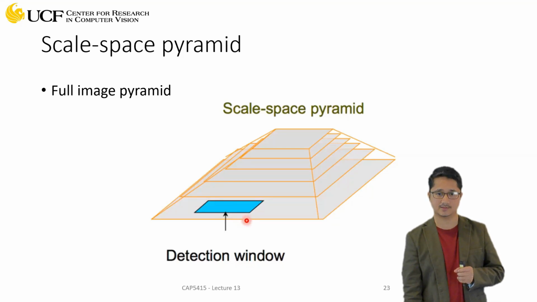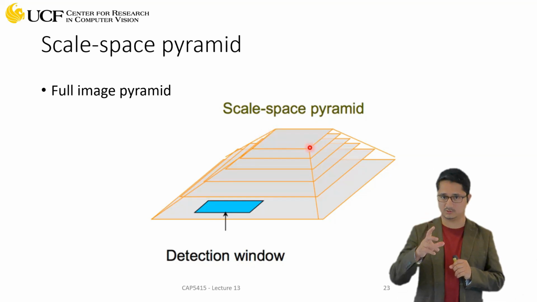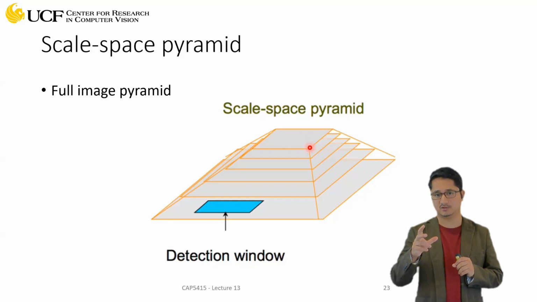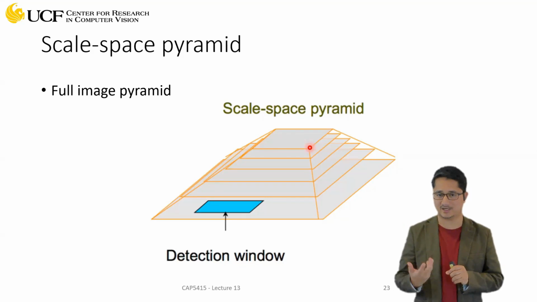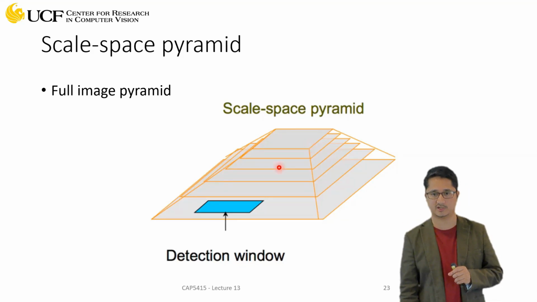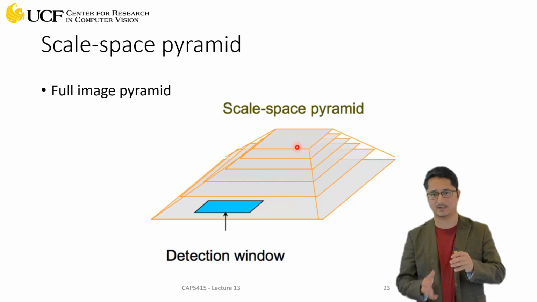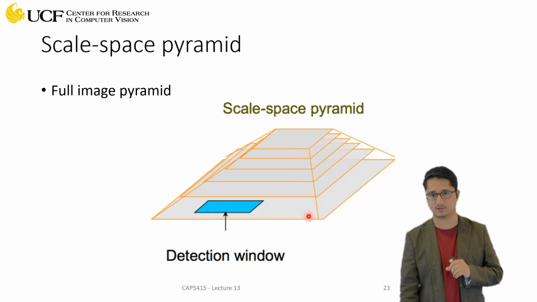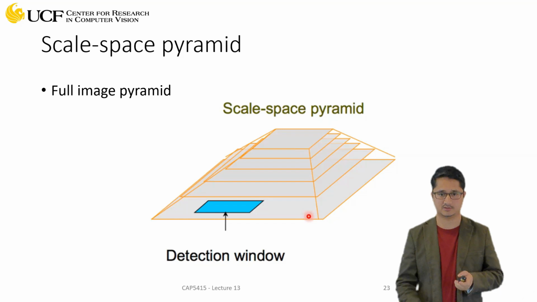But if you're using the same detection window on this scale, which is on the top, then you can see that the actual size of that person is much bigger than that. So although this is kind of an inverted pyramid, the scale at which you're detecting your objects is actually kind of reversed. Okay, so the top one will detect bigger scale objects, and the bottom part of the pyramid will detect smaller scale objects.